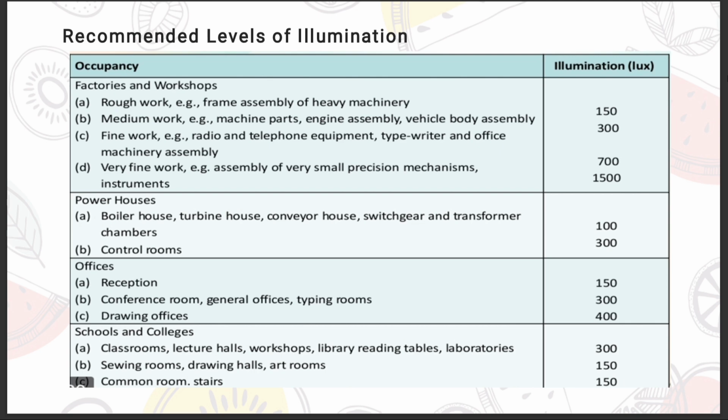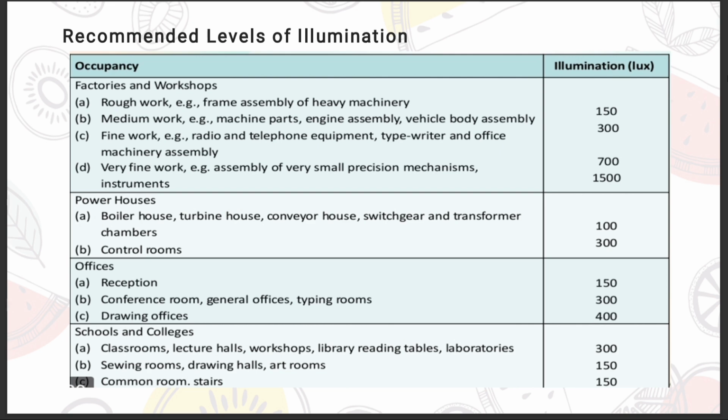In the first table, as you can see, we have factories and workshops. First is rough work. Example, frame assembly of heavy machinery, that is 150 lux. Next is medium work. Example, machine parts, engine assembly, vehicle body assembly, that is 300 lux.